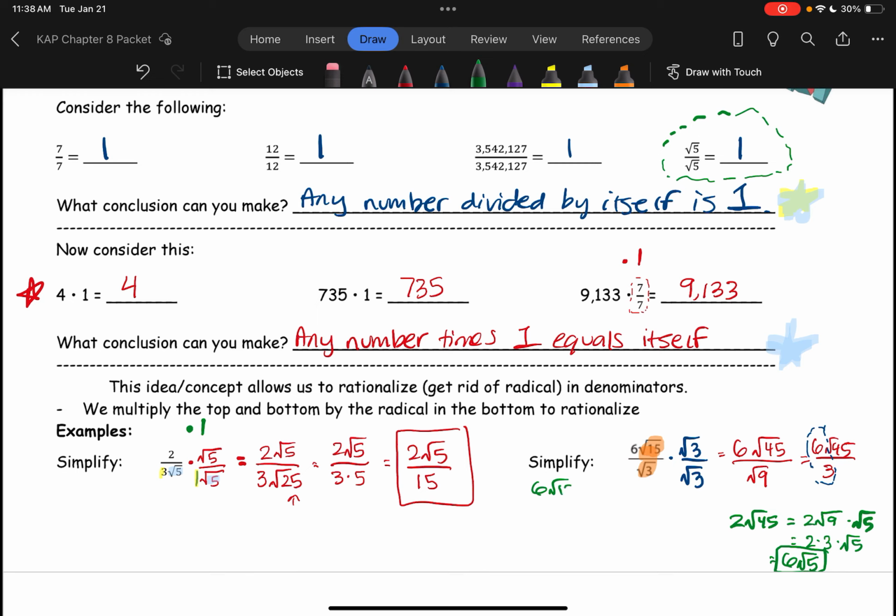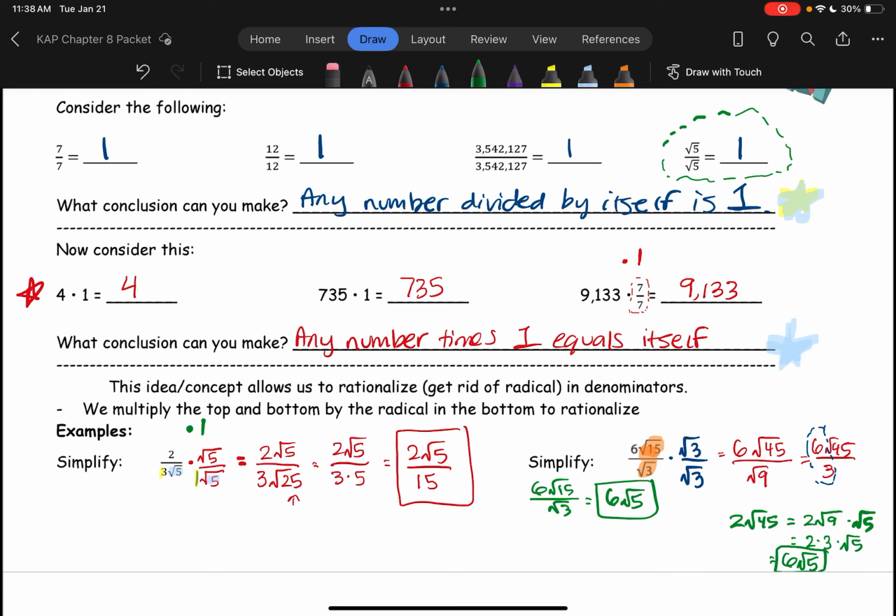Dividing the square roots would literally just be 15 divided by 3, which is 5, so 6 square root of 5, which gets you the same answer that we got earlier. It's a little bit faster, but the idea behind showing you that first was to help you understand how to rationalize a denominator.